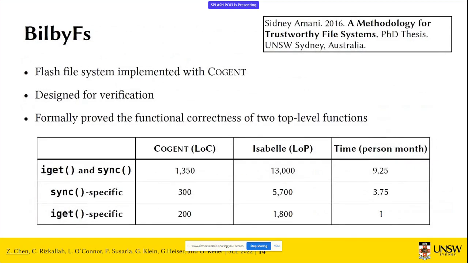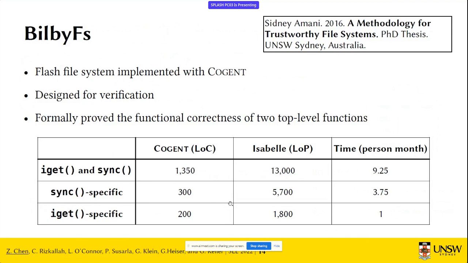Just to give you an idea of the time and effort required for establishing the functional correctness proof on top of COGENT semantics, up to the Isabelle functional specification: in BilbyFS, a file system that we implemented for verification, we specified the entire file system, and we formally proved the functional specification of two top-level functions, iget and sync.